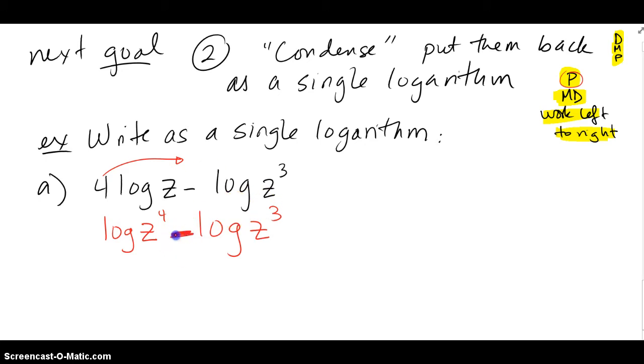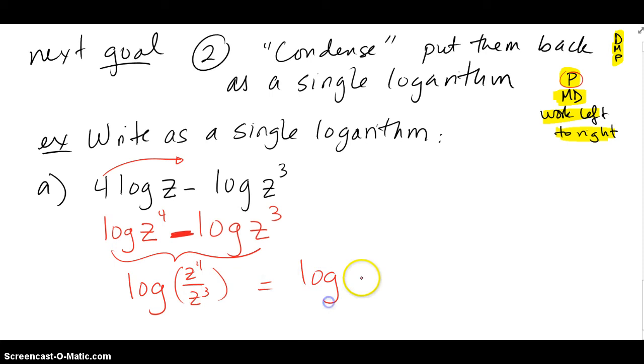Now notice it's subtraction, so if I combine these together, it's going to turn into a division. z to the 4th on top, z cubed on the bottom, and it looks like I can simplify this a little bit, 4 on top, 3 on the bottom. I am left with just z on top, so I end up with log of z.